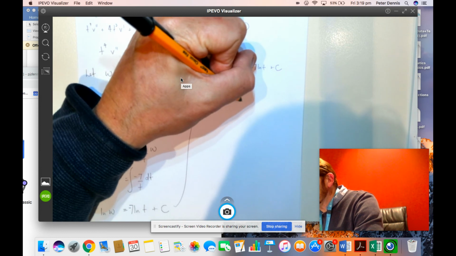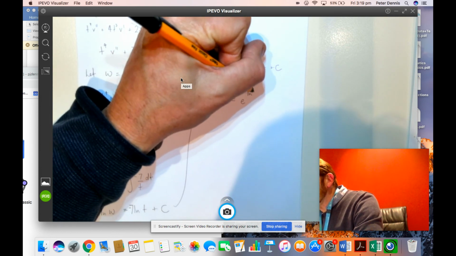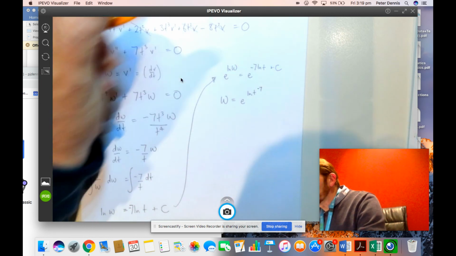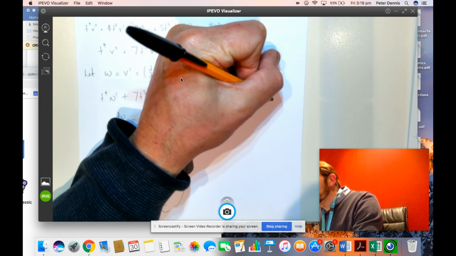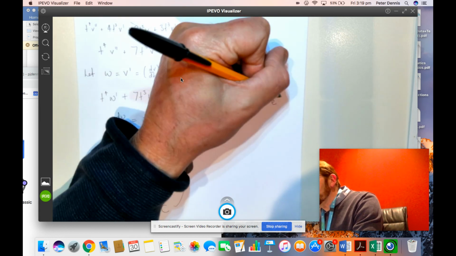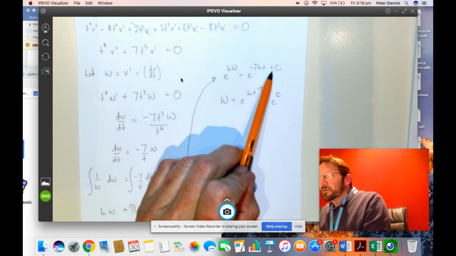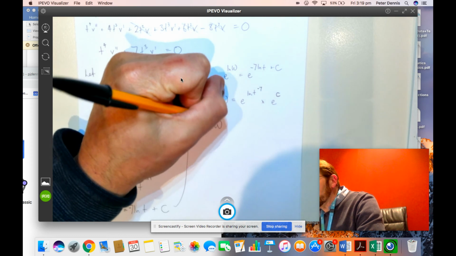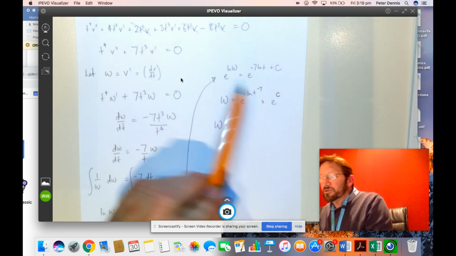We're going to write this as e to the power of the log of t to the minus 7, because of that power rule. And because it's plus here, we're going to do times some constant, e to the power of c, because when we're multiplying them we add the powers. That's something that happens fairly regularly with these. Let's call this a different constant, bring it right out the front.